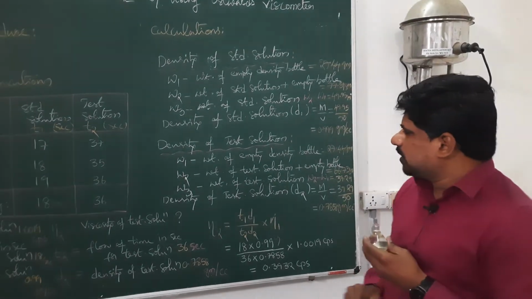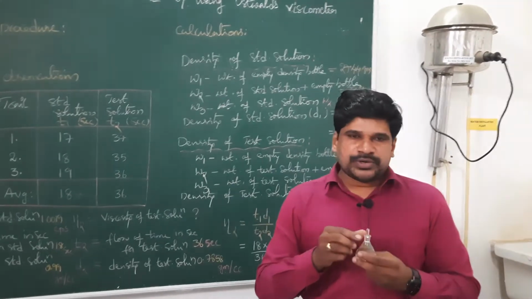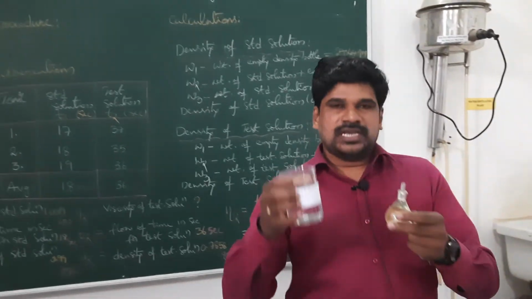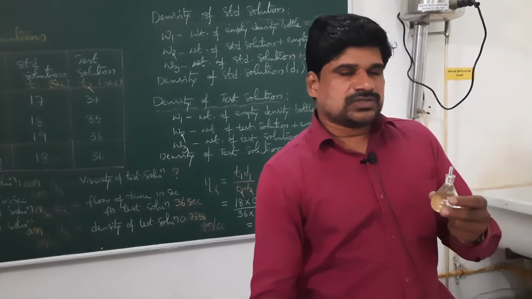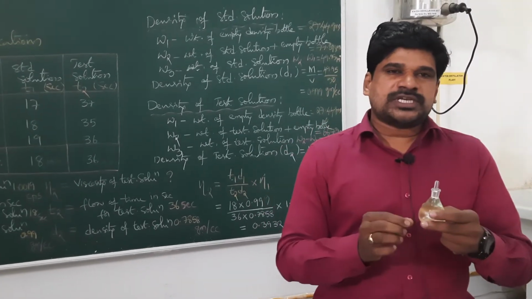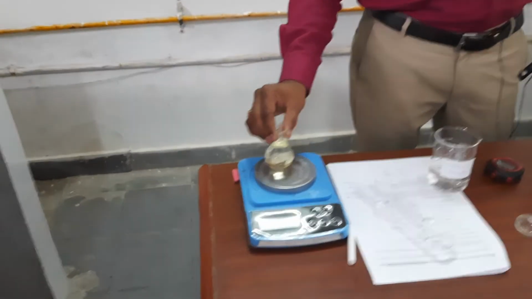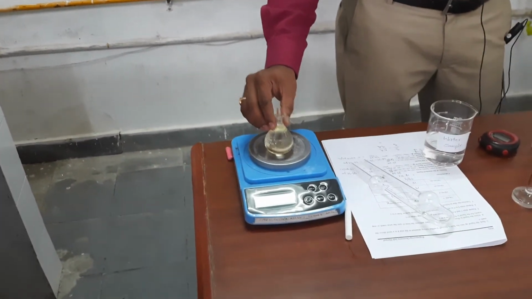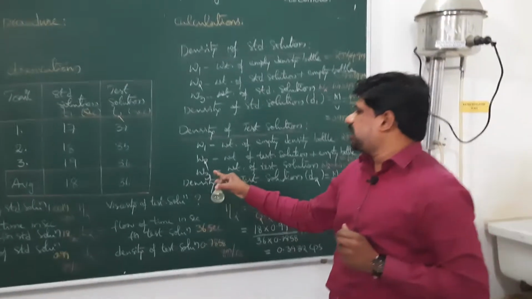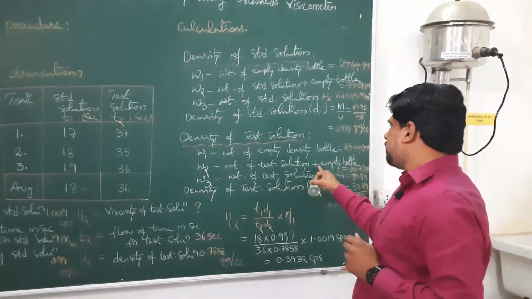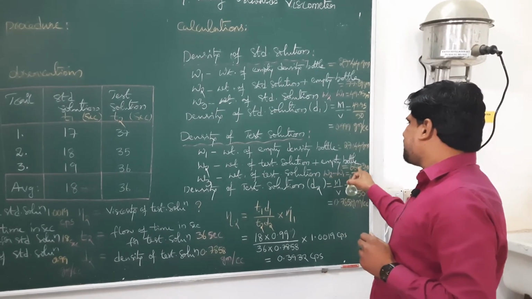And W2 is nothing but, once you take 50 ml of liquid solution or any test solution, liquid solution plus empty bottle weight, again weigh it by using the balance, and you will get the W2 weight. That weight, equal to weight of test solution plus empty bottle, is equal to 66.73 grams.